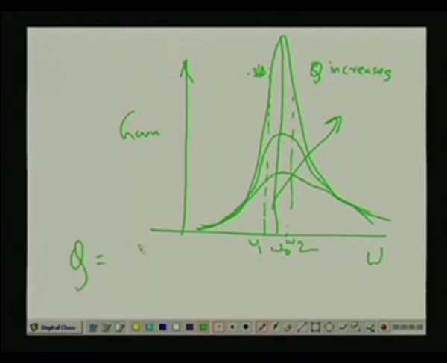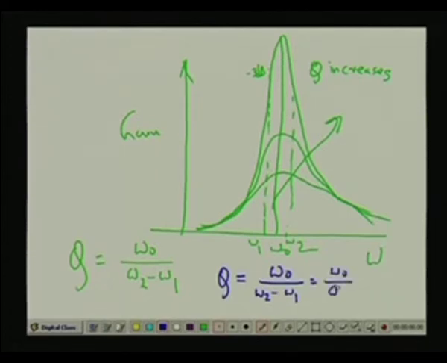So Q equals omega naught upon omega 2 minus omega 1, or omega naught by delta omega, or f naught by delta f. The larger the Q, the smaller the delta f will be. That is our requirement, but how will I achieve that in actual circuits?